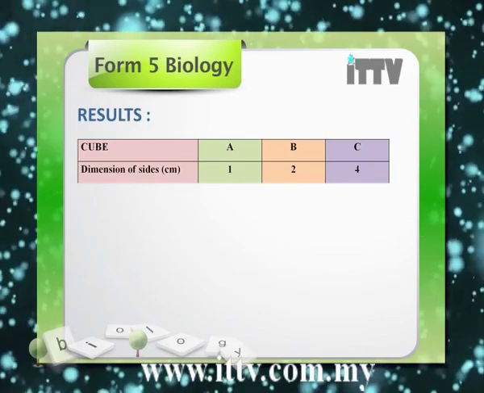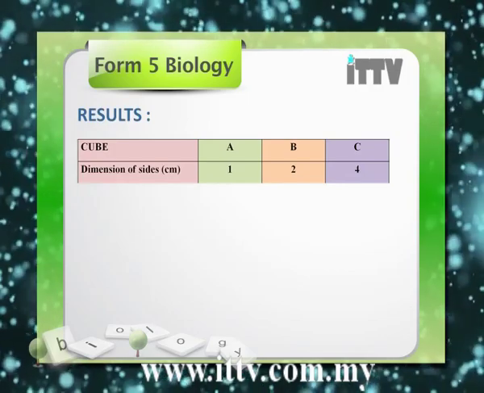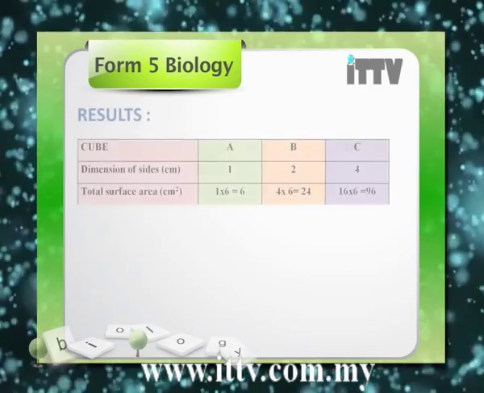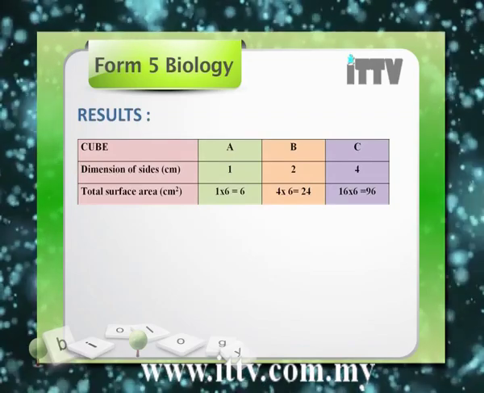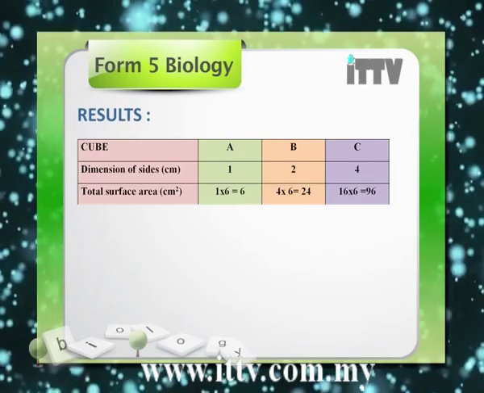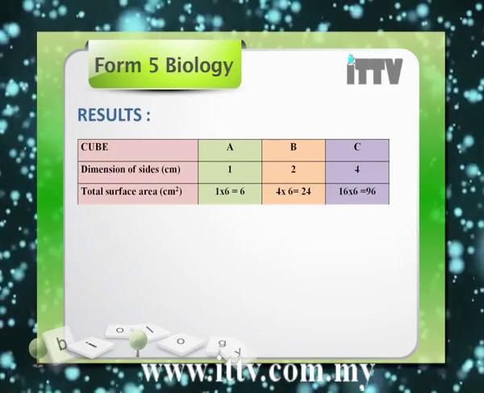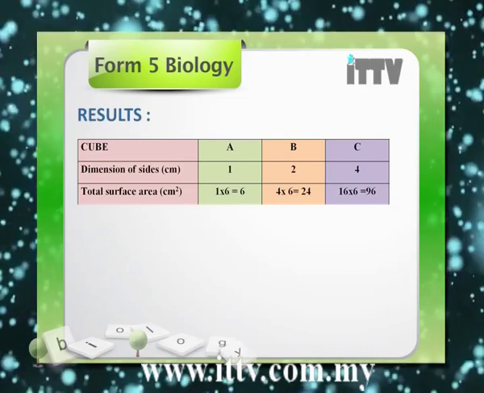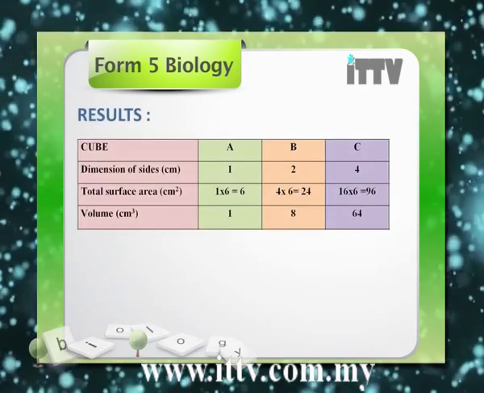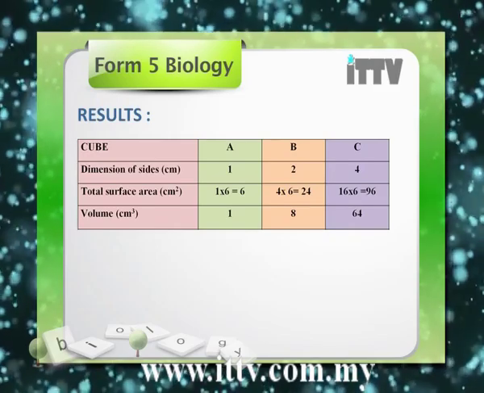Here it is clearly labeled as cubes A, B and C, and the dimensions of the sides are indicated as 1, 2 and 4 cm. The total surface area has been calculated: 6, 24 and 96 cm squared. The volume is 1, 8 and 64 cubic centimeters.